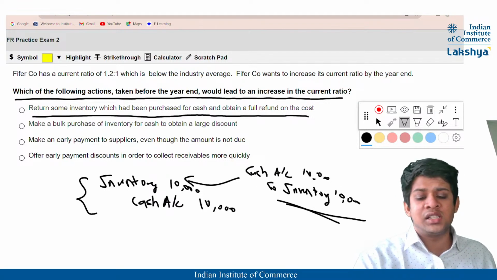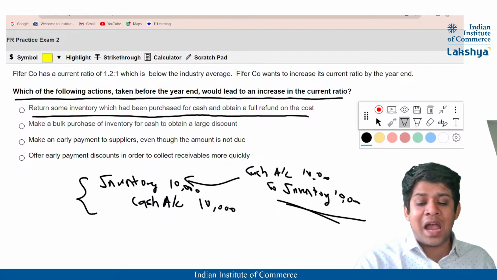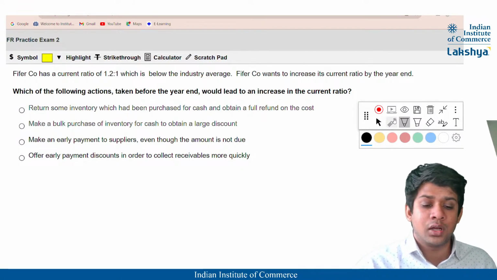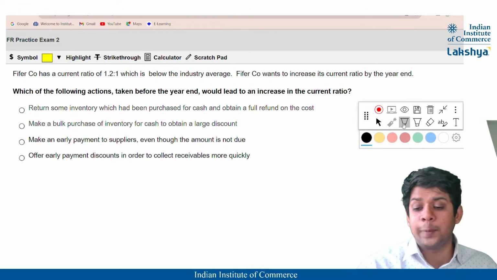So the current assets remain the same. There is no increase in the current assets, because they are coming in, they are going out. If I send this back, my cash will increase by 10,000, but my inventory will reduce by 10,000. So technically there is nil effect on the current assets. So the first option is incorrect.